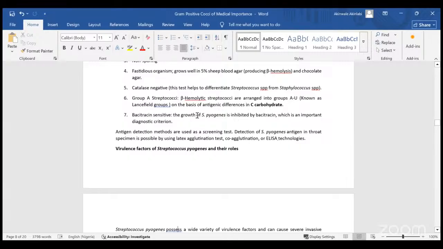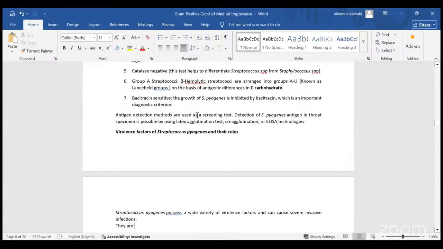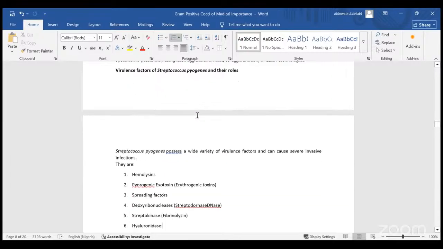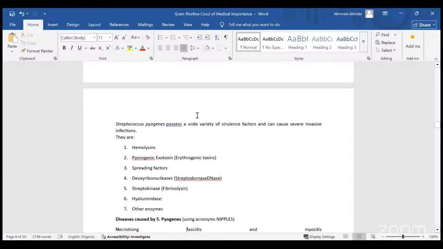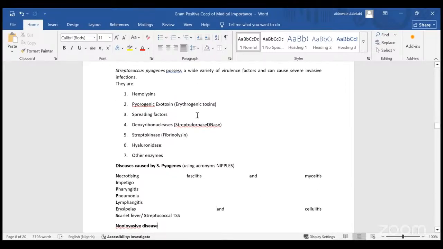Then the virulence factors of Streptococcus pyogenes: we have hemolysins, we have pyrogenic exotoxins. These are the things that make it cause disease, attach and cause disease. All these are factors that Strep pyogenes uses to evade a normal immune system. They are listed 1 to 7.